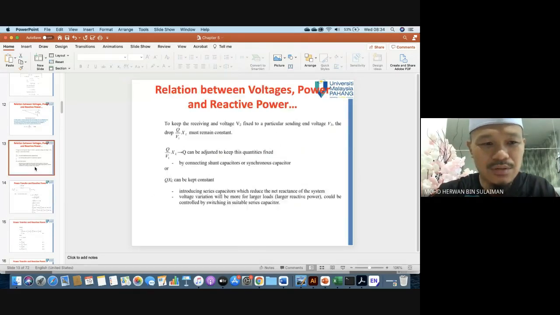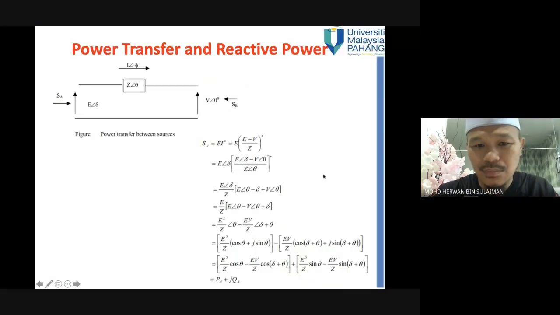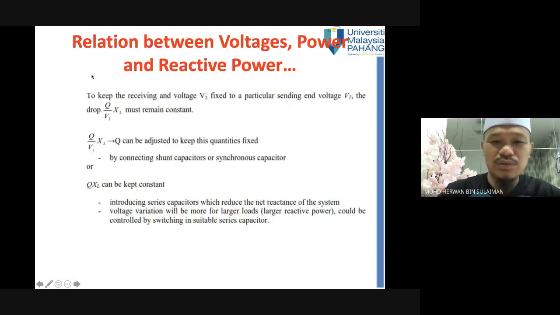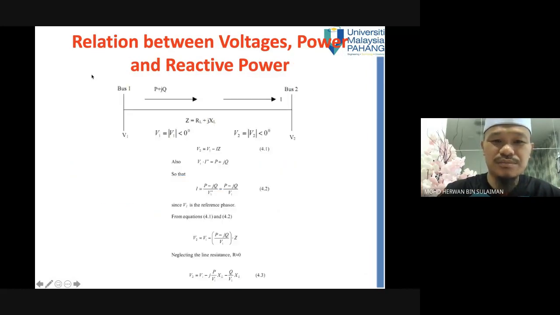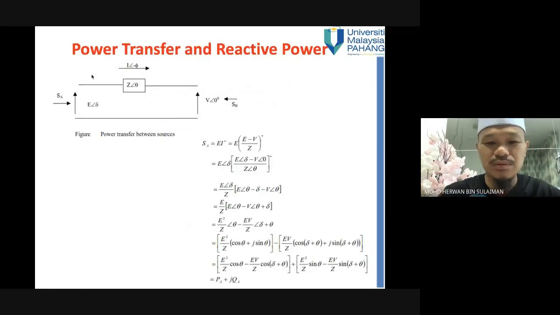Okay, now let's take a look at the power transfer and reactive power. Just now we analyzed in terms of voltage, right? Now we want to analyze in terms of power transfer.